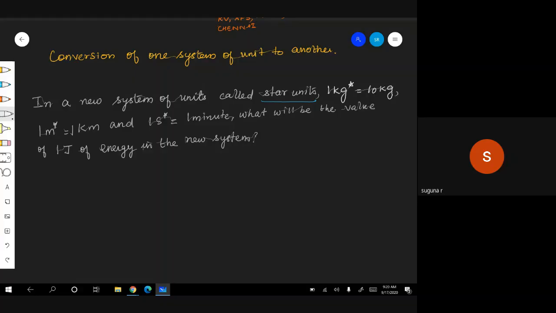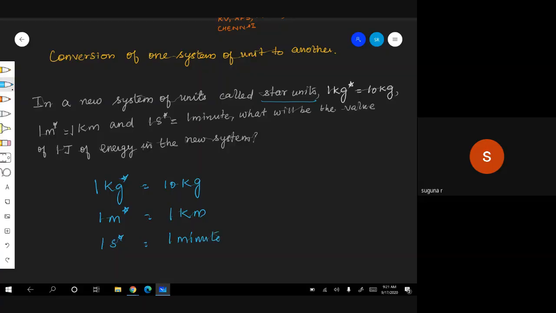What are all the things given? 1 kilogram star is equal to 10 kilogram. Then 1 meter star is equal to 1 kilometer, and 1 second star is equal to 1 minute.